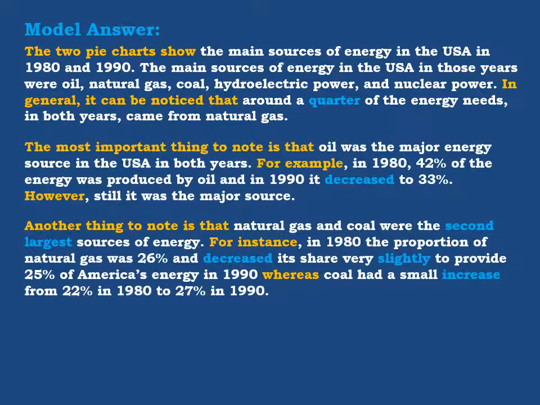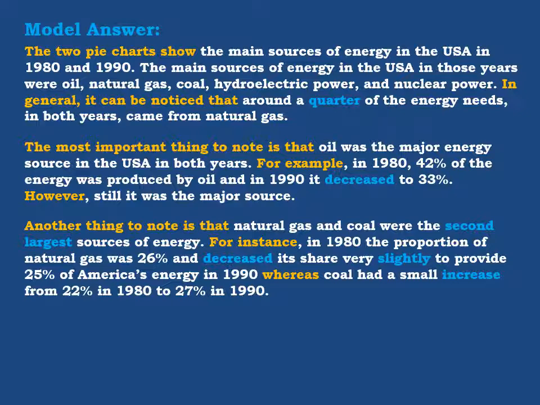Now let's move to the body. Earlier we said that in the body paragraph we should have at least two ideas. We can put these two ideas with their examples, of course, in one paragraph, or we can put each idea with its example in a separate paragraph. And here we are putting them in separate paragraphs. Let's start with the first idea.